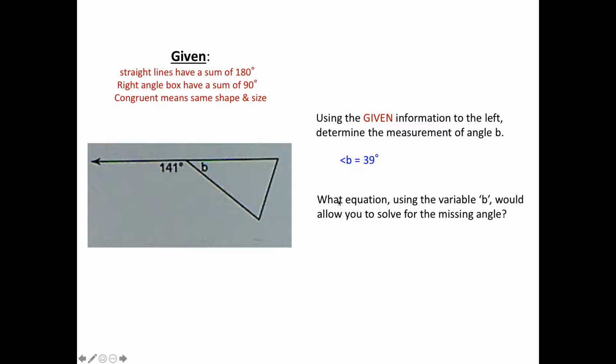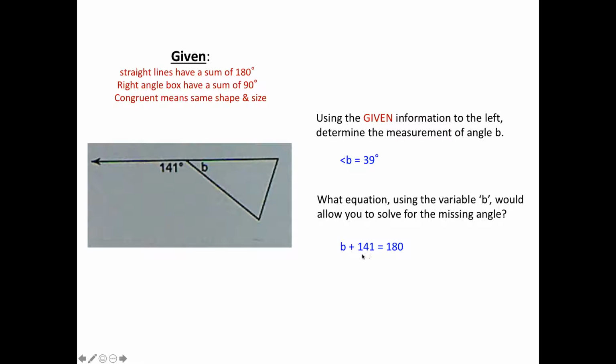Now the question down here says, what equation using the variable B would allow you to solve for the missing angle? If angle B is combined with 141, it will equal a straight line. So the equation would be B plus 141 equals 180.